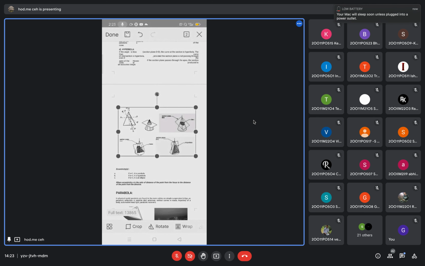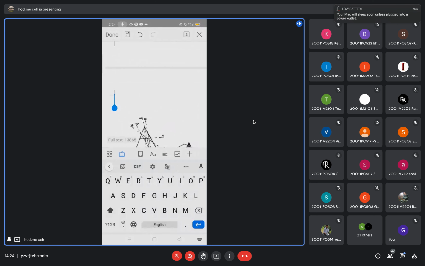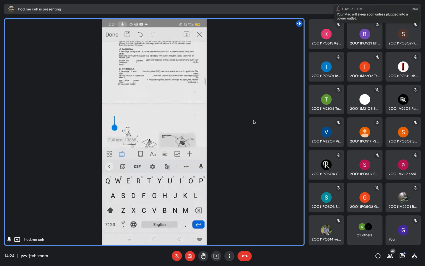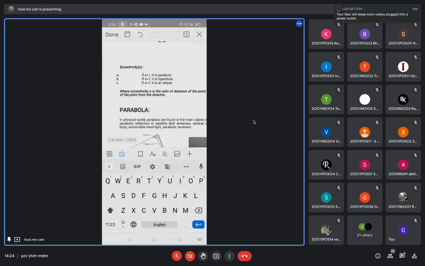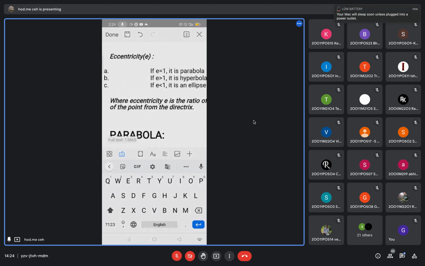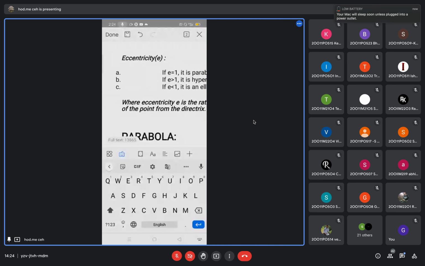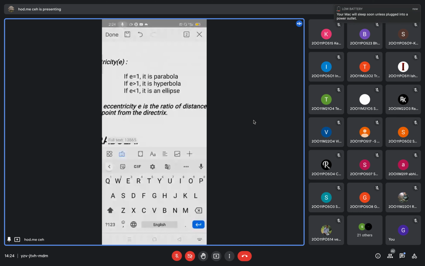See this important diagram you should use. This ABC is clear to you. The eccentricity: the first one, if E is equal to 1, it is a parabola.